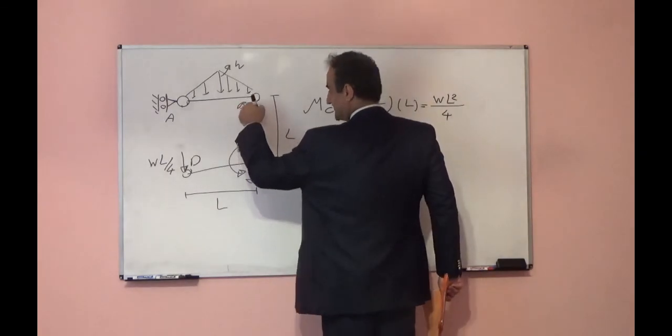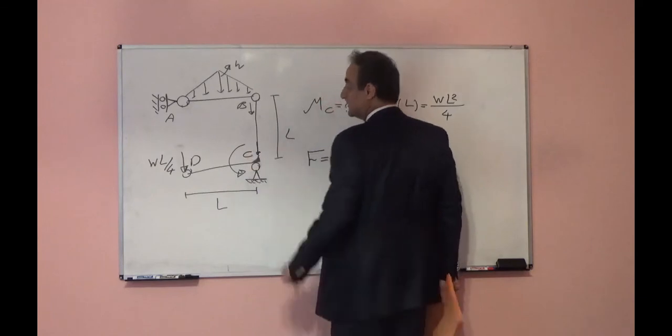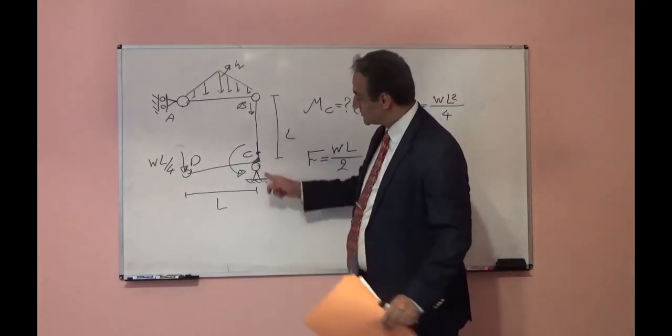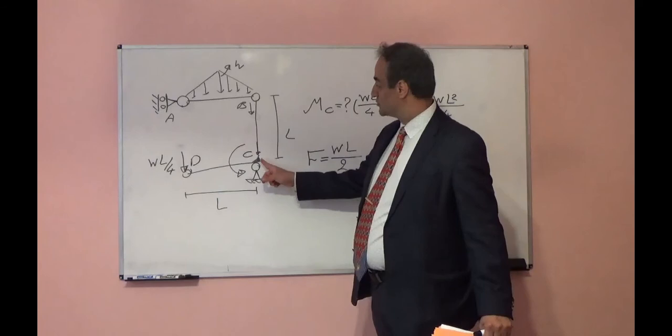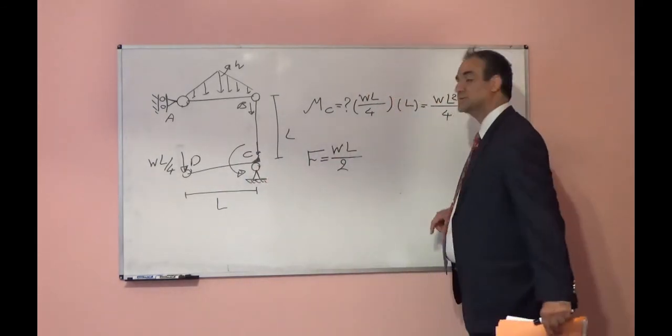This load, it is in axial direction, it moves, it comes here, but because it passed through C will not create moment here. So the moment at joint C will be WL squared over 4.